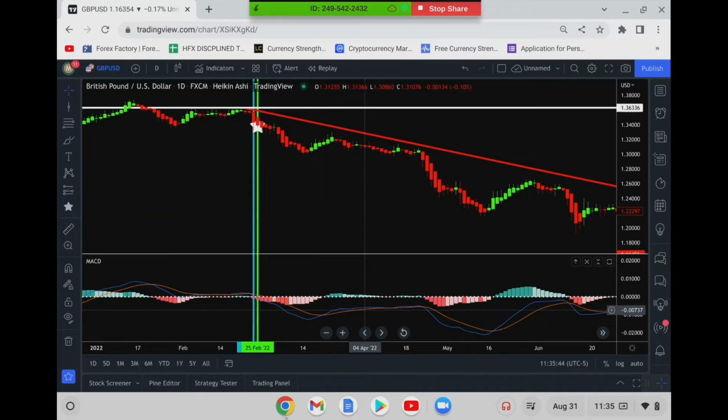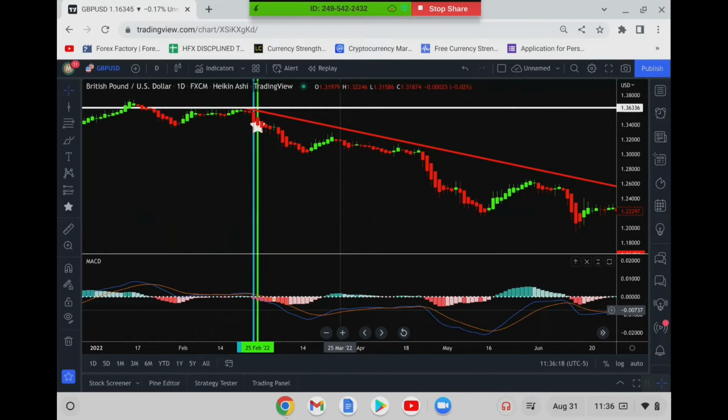Now, I do want you guys to make sure you are taking into account the overall trend rule that I just stated. Although we have our MACD line crossing our signal line upwards, in this instance, that does not mean that we would enter into this trade for a buy. Why?